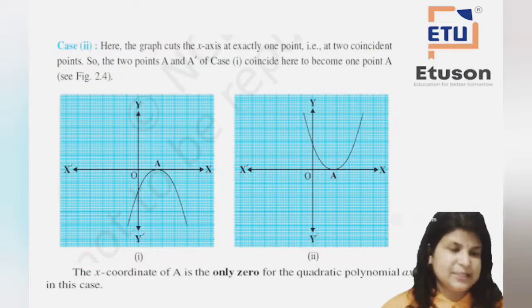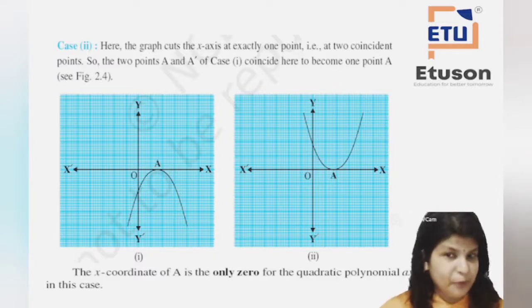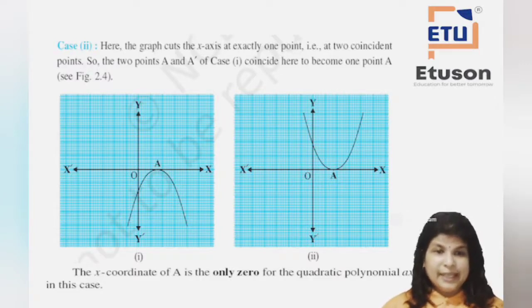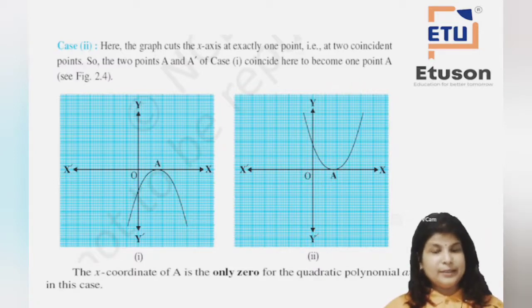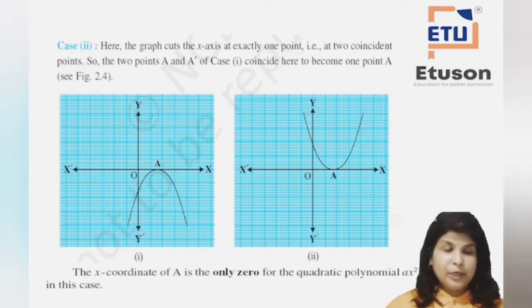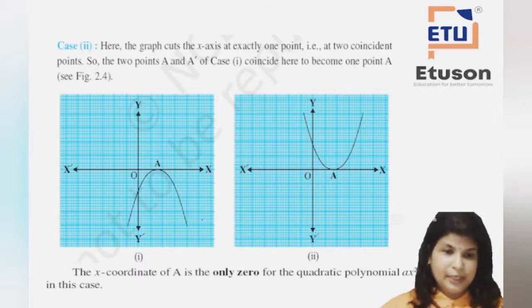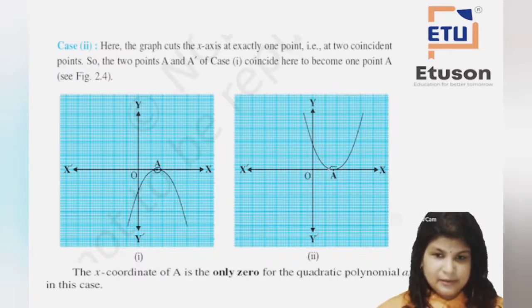Next case. Here the graph cuts the x-axis at exactly one point, that is, at 2 coincident points. So the points A and A dash of case 1 coincide here to become one point A. As you can observe, no matter whether it is an upward or downward parabola, you have a single point A which satisfies the equation.